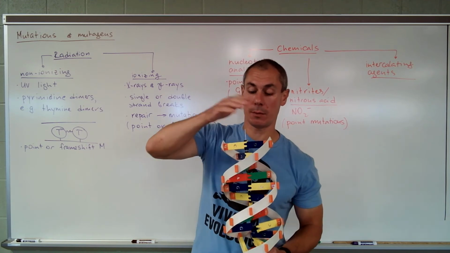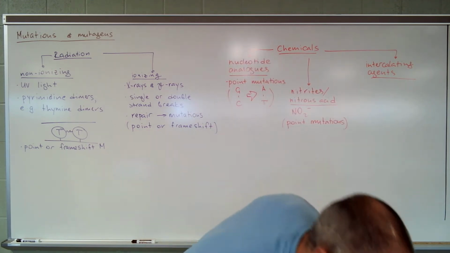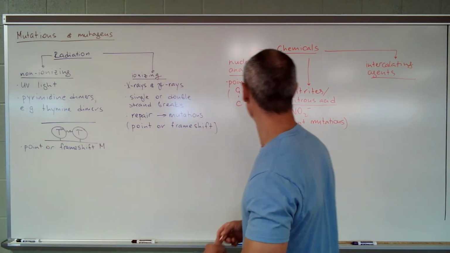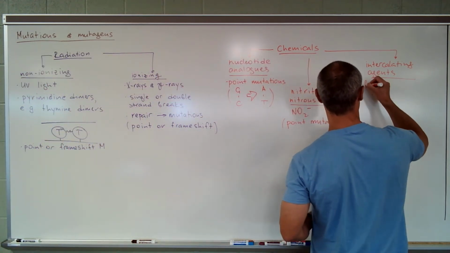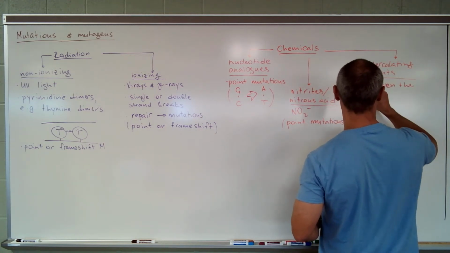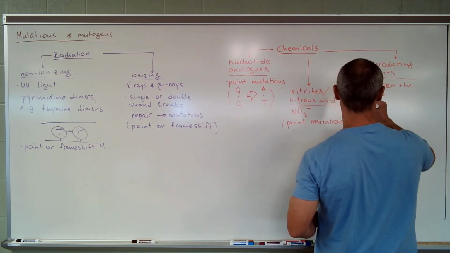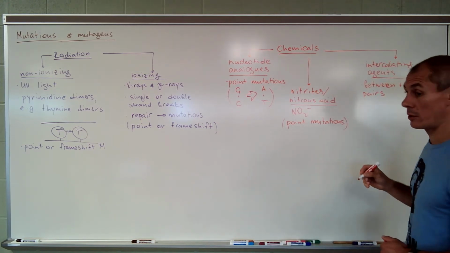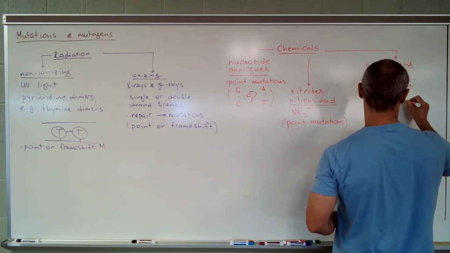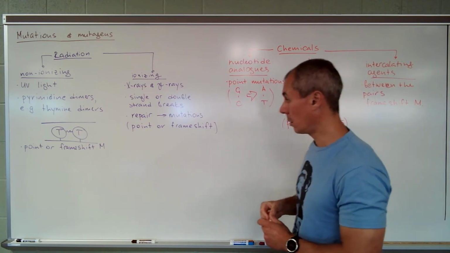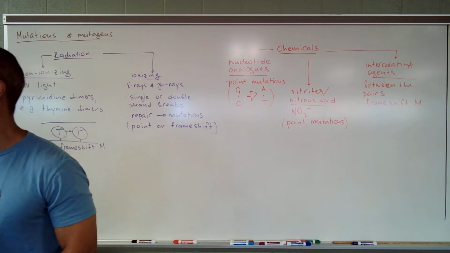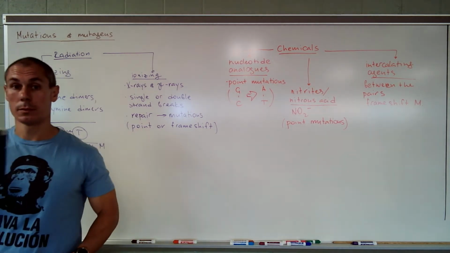So this insertion changes the shape of the double helix, and even changes the shape of a single strand. So this results, write it down, between the pairs, and that results in frameshift mutations. Any questions so far before we are moving on? We good?